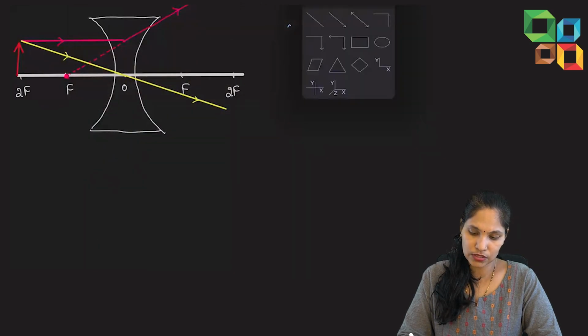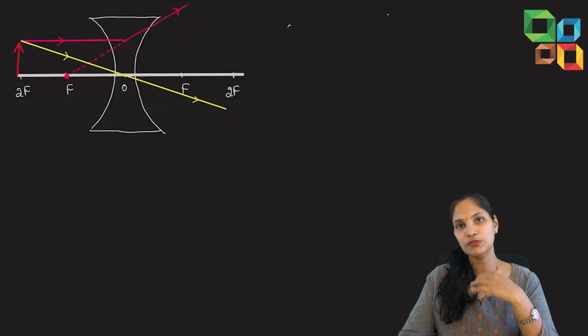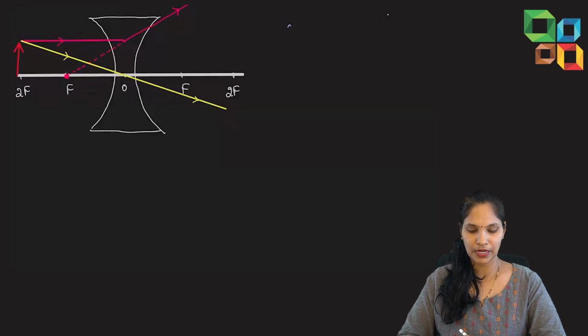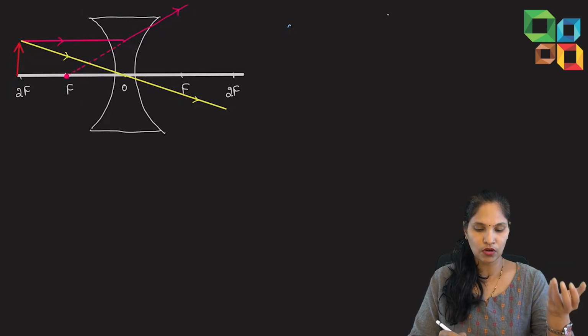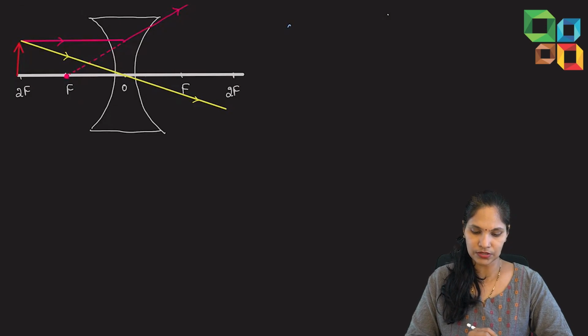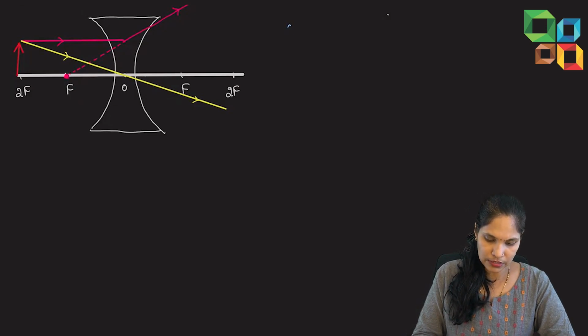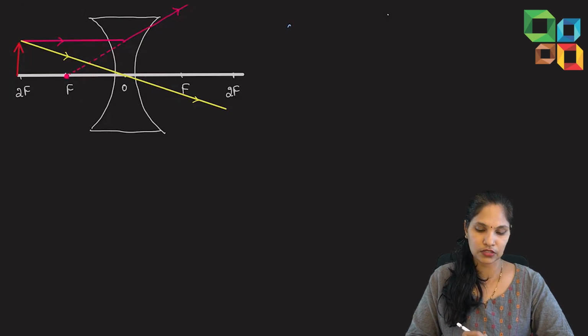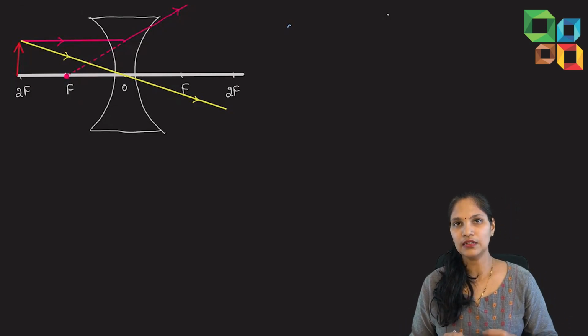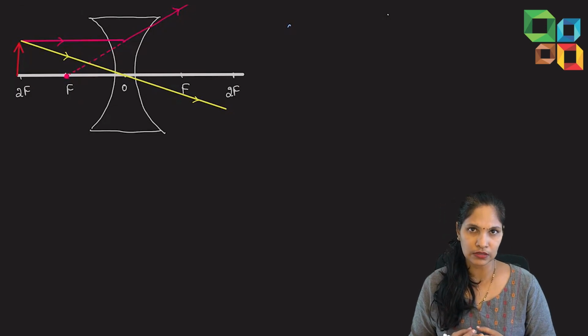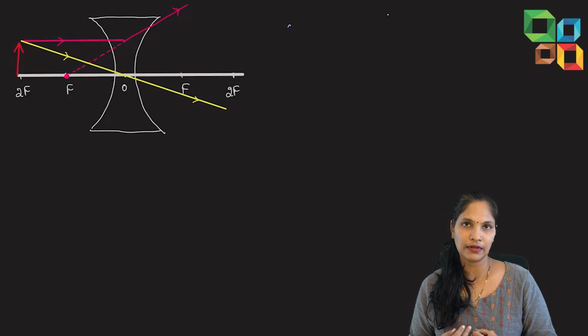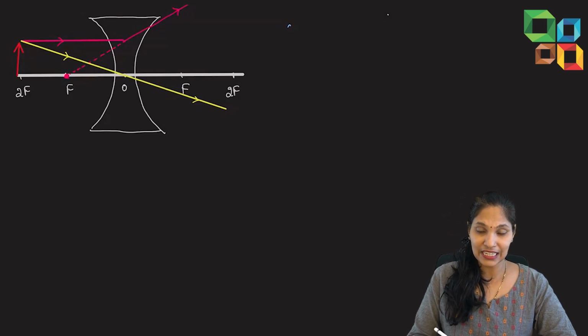A ray which passes through the first focus comes out parallel to the principal axis, but here, as you have observed till now, for convex and concave exactly things are reverse. So here don't think that it passes through the first focus and comes out parallel. It's not like that. Here it is a little different. A ray which appears to meet the second focus will come out parallel after refraction. So second focus is over here.